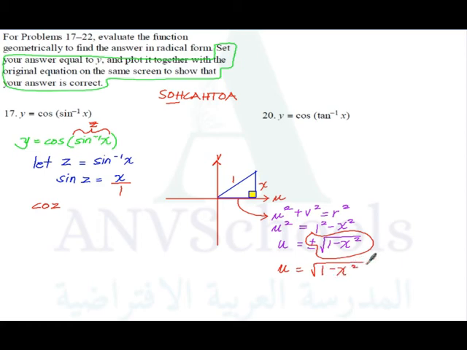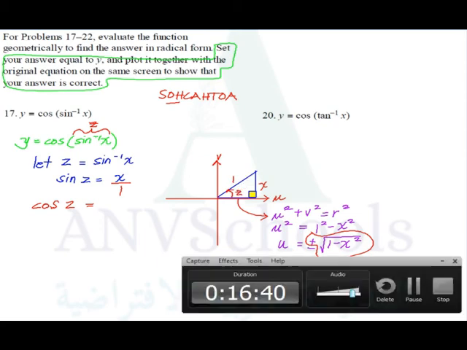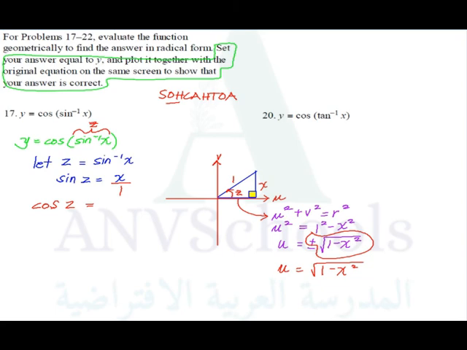So our cosine z in this case would be equal to the adjacent over the hypotenuse. So if this is our z, then our adjacent is square root of 1 minus x squared. And our hypotenuse is also equal to 1. So our cosine z is equal to square root of 1 minus x squared. And that's our answer.